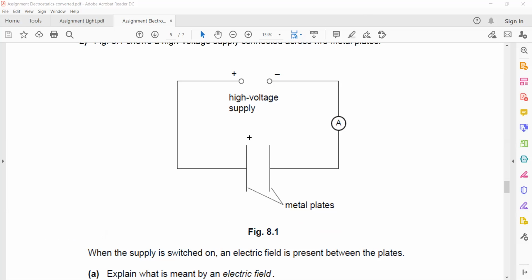Why is it 2 marks? One is for representing the field correctly, with parallel, equally spaced lines, and the second mark is for the direction. Near the edges, you can draw curves. Is it clear? The electric field lines.